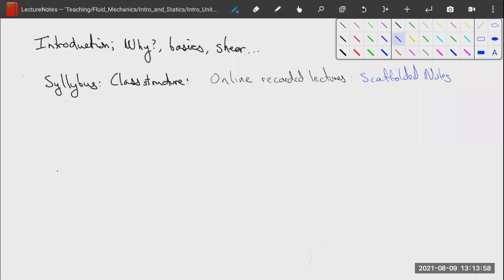Scaffolded notes are really, really important. We'll talk about this as the semester goes on, but one thing I want us to think about always while we're in the classroom is what I call active learning, which means you're actively engaged in the material and attempting to do something to it besides just memorize it, right?